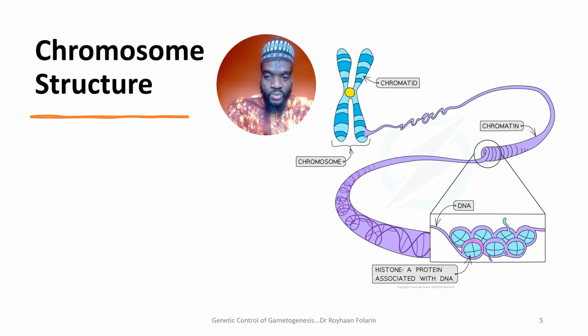So, to further move towards the genetic focus of this lecture, here is a reminder on the structure of a chromosome. Within every cell, you have the nucleus, and within the nucleus, you have the chromosome. Here you have two sister chromatids joined together in this single chromosome.